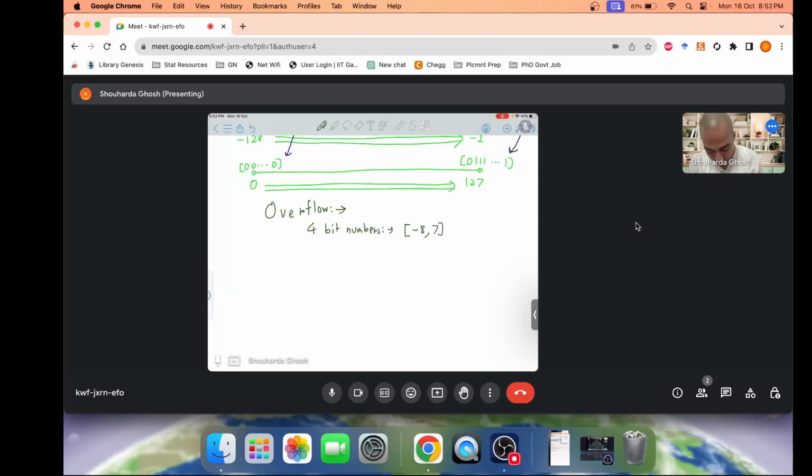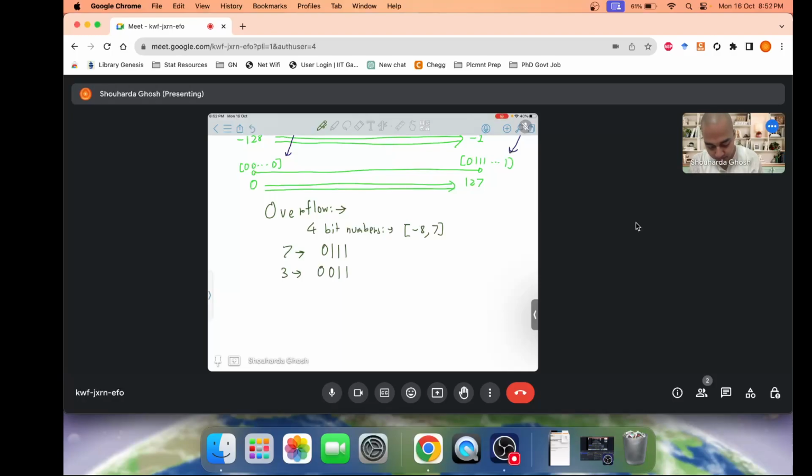So let's consider the number 7. What's 7 in binary? 1 plus 2 plus 4 plus 0, that's 7. And then consider the number 3. What's that? 1 plus 2 is 3.